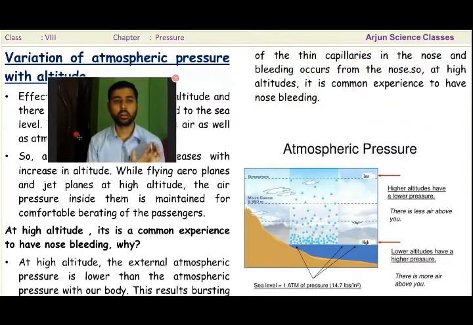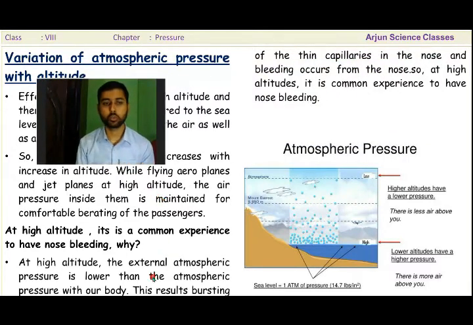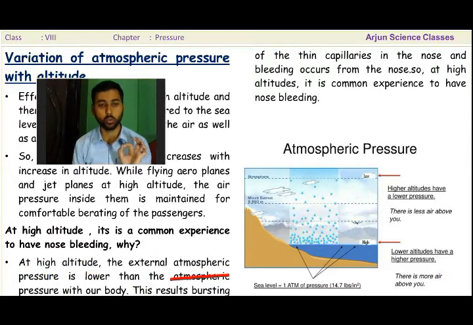At high altitude, the external atmospheric pressure is lower than the pressure within our body, and this results in bursting of the thin capillaries in the nose and bleeding occurs from the nose.